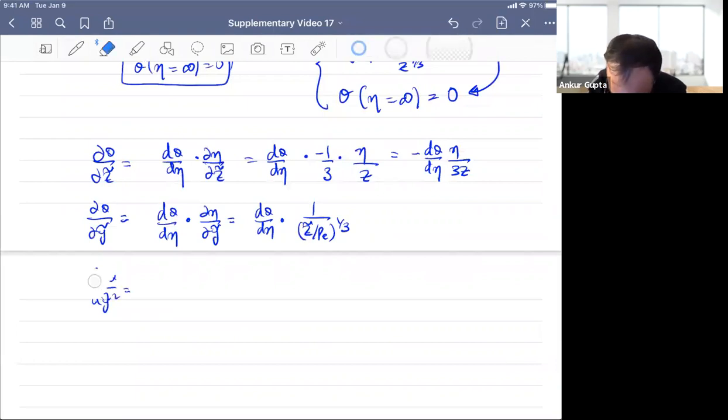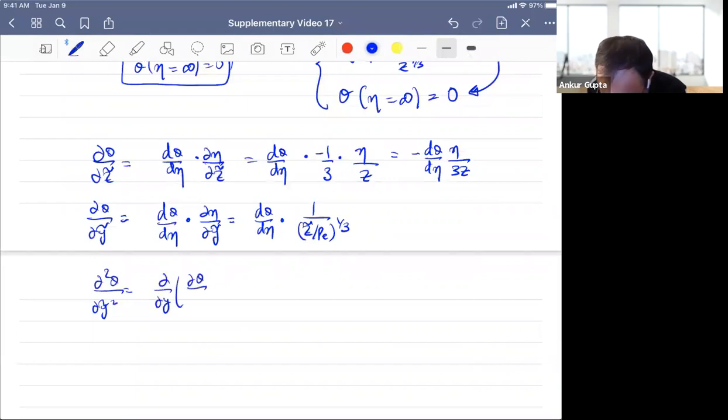So let's make it a bit clear. Del square theta by del y square is del by del y of del theta by del y, or this is del by del y tilde of d theta by d eta, times 1 by z by Peclet to the power of 1 by 3.